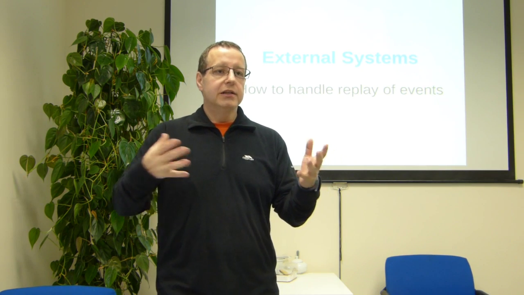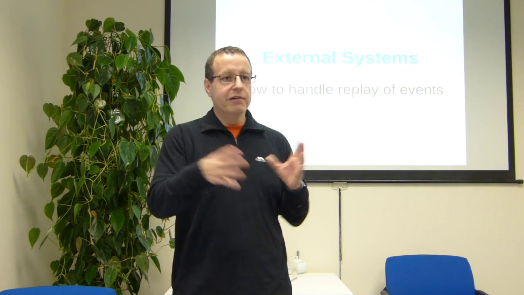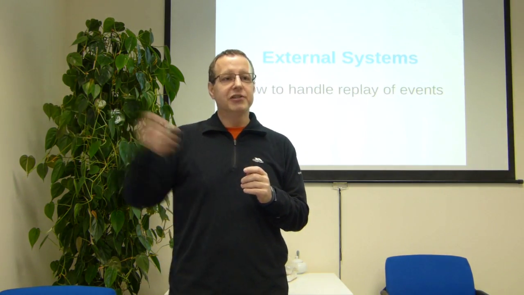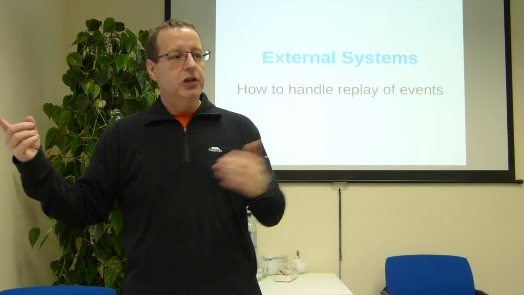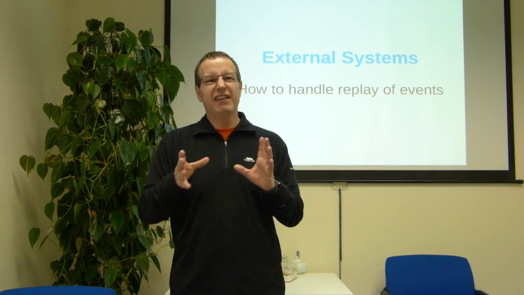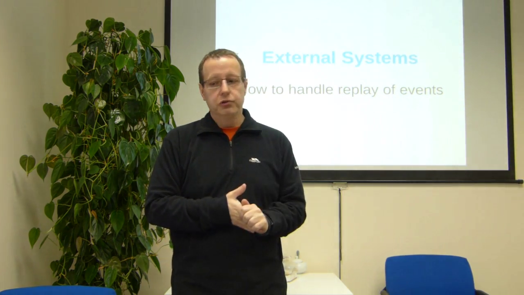Or if you're building a system where when you get an event for your query engine, you query someone else's system, that system might be in a different state every time you get that event if you're replaying it. So how do you manage that? It's something to be aware of, something I haven't really looked into in great depth, but it's a known thing that you have to worry about and think about what you would do.